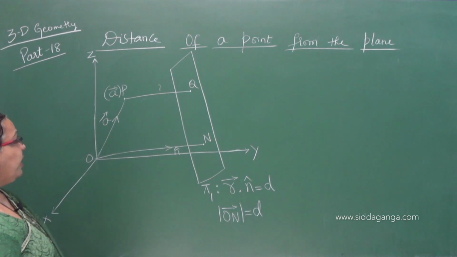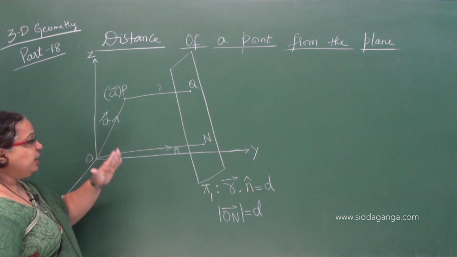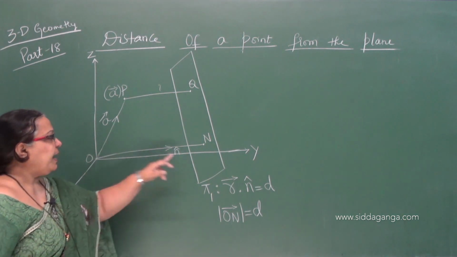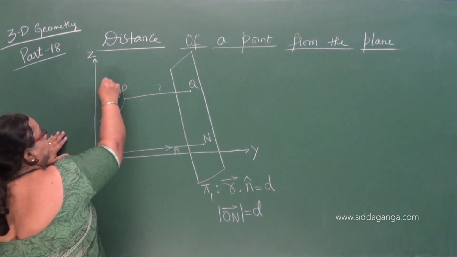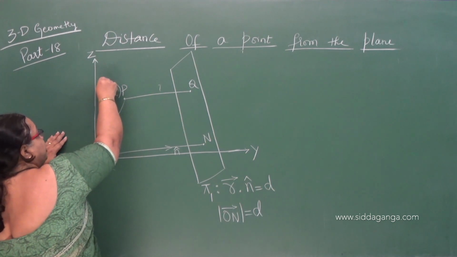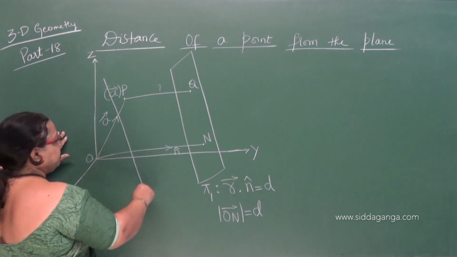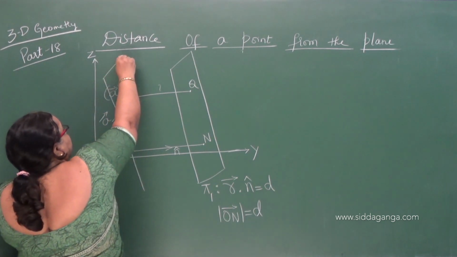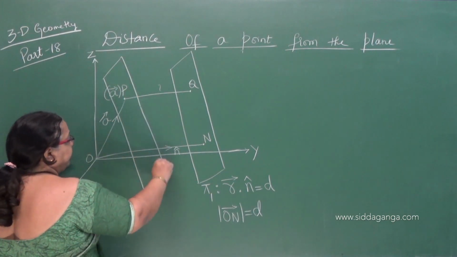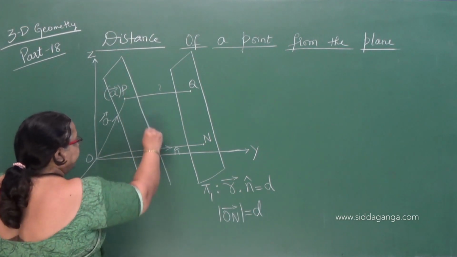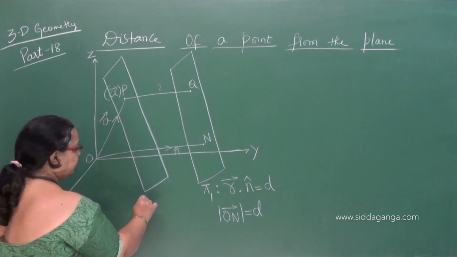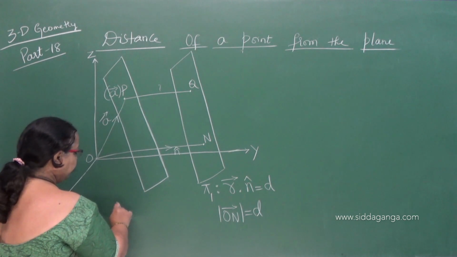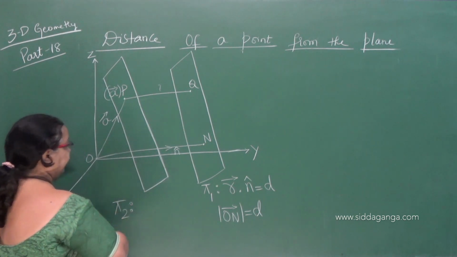Now according to theorem 2, we have to take another plane, which must be parallel to this one. Now we have to consider a plane pi 2, which is parallel to the first plane, and it passes through a point P whose position vector is taken as A. This is the second plane.